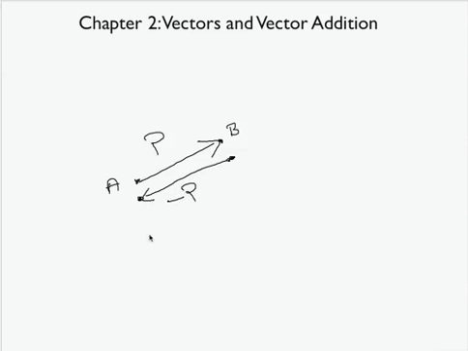And that basically combines into subtraction by thinking of it in terms of addition of a negative. So if I have P plus minus P, I've walked to B and then I've walked back.